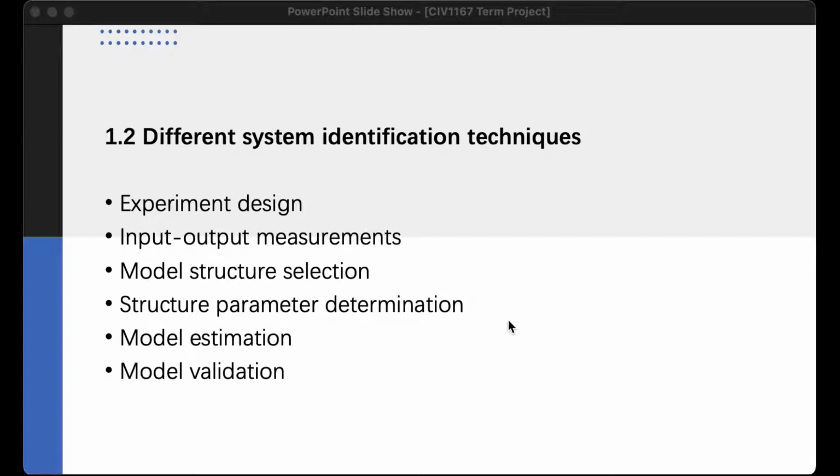A parametric model structure is known as a black box model, which defines either a continuous time system or a discrete time system.